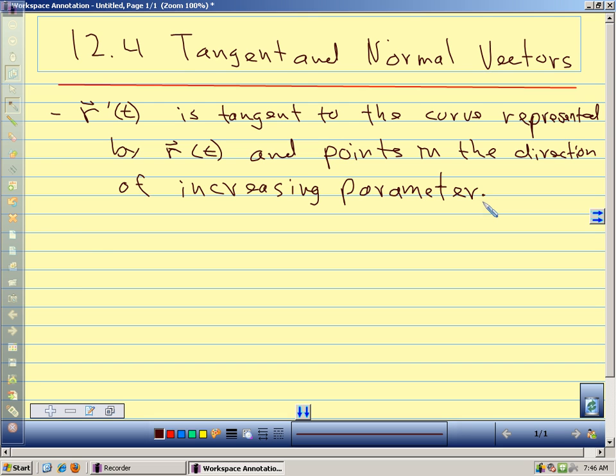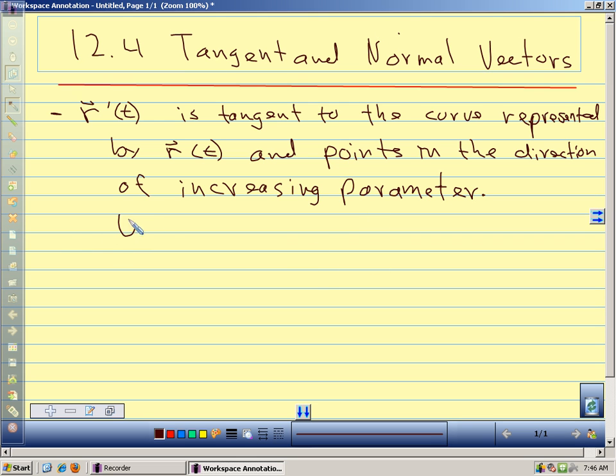So what we're interested in is using r prime, using our derivatives, to write an expression for a unit tangent vector. Our unit tangent vector and our unit normal vector are going to be very useful to us moving forward.